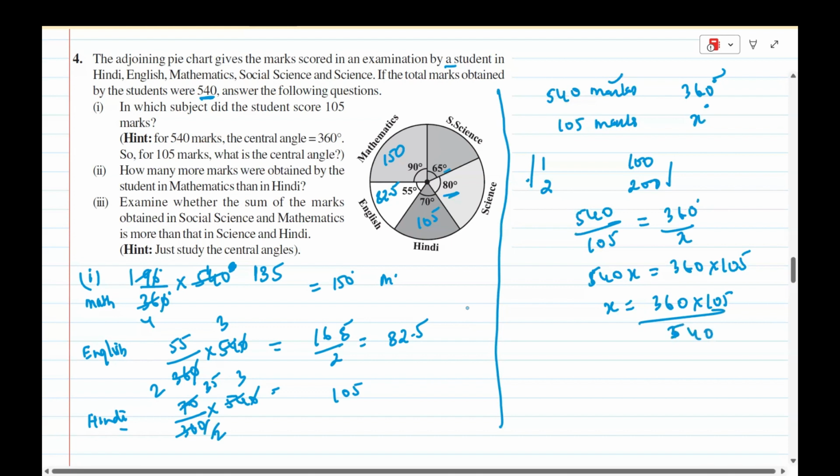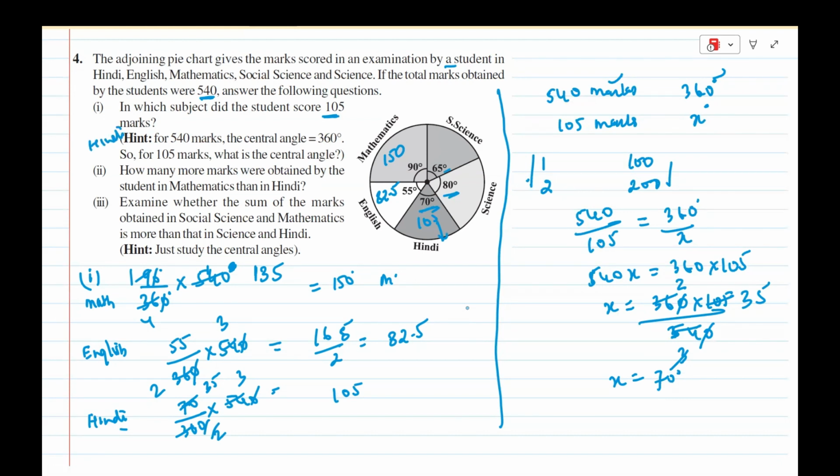So it is 540, 0 and 0, 18 twos are 36, 18 threes are 54, 3 ones are 3, 3 threes are 9, 3 fives are 15, and x is 70 degrees, correct? So the central angle has to be 70 degrees, which is the answer for this. In which subject did the student score 105 marks? So he scored where the angle is 70 degrees, correct? So in Hindi. So the answer for the first one is Hindi.